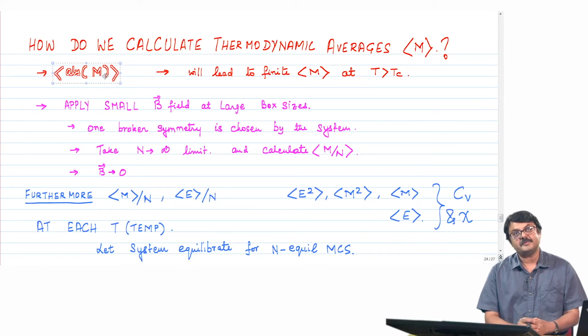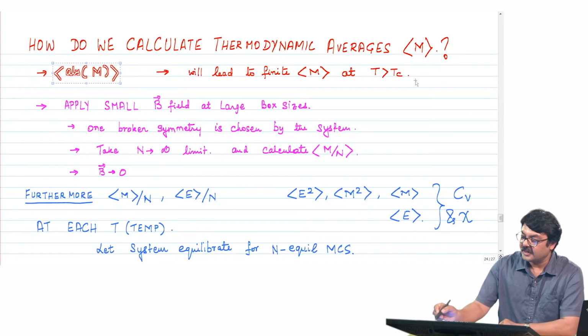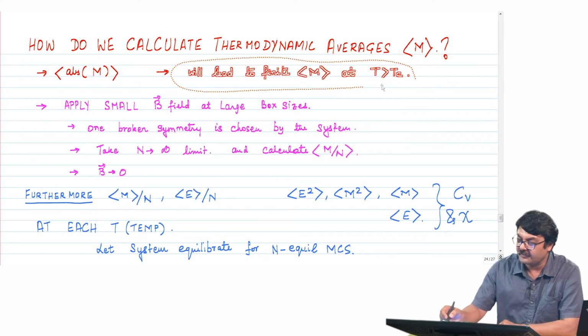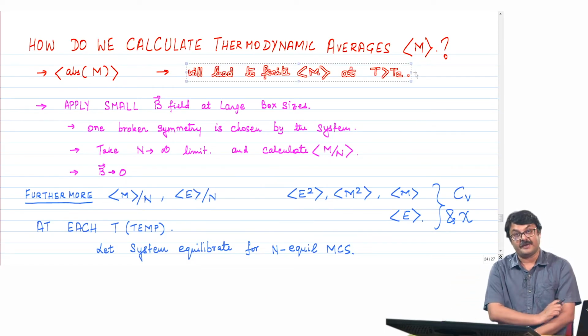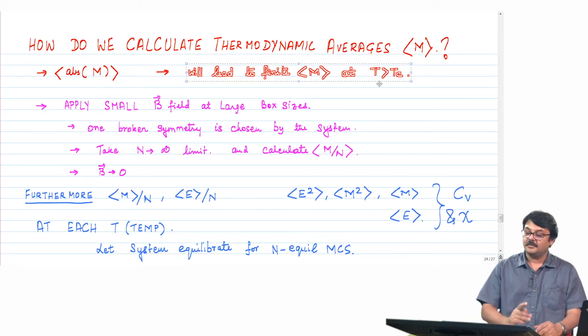But this solves the problem that half of the time it is positive and half of the time it is negative, yet it leads to a finite value of the average thermodynamic magnetization at T greater than Tc. Why is that?